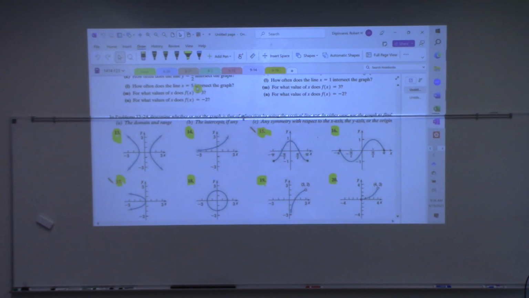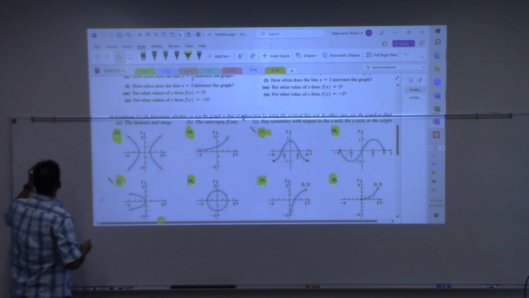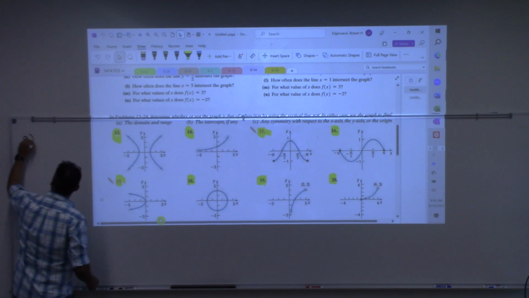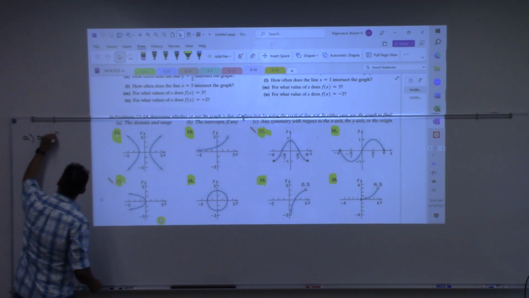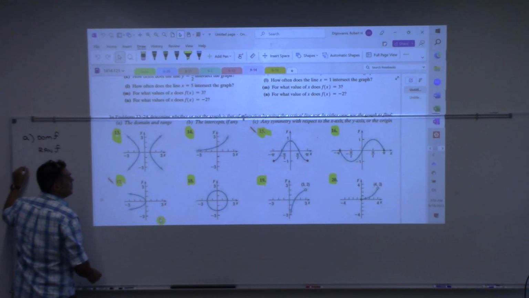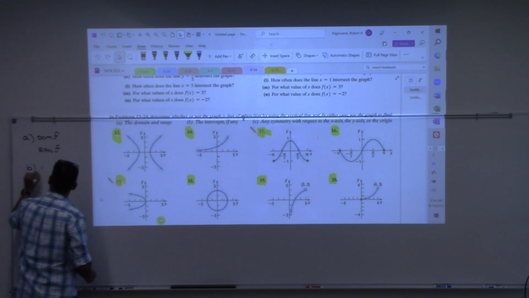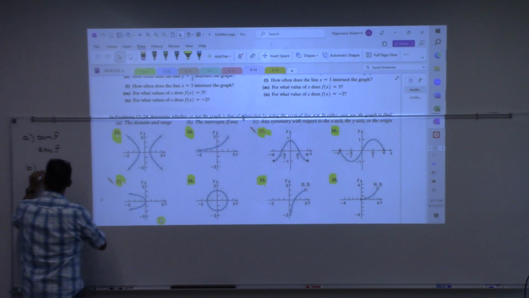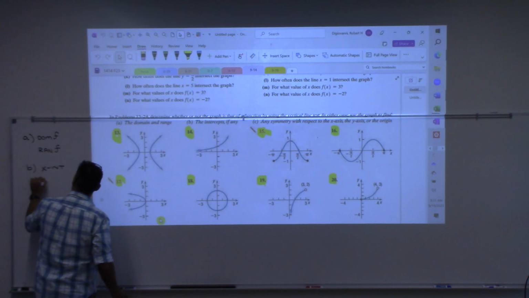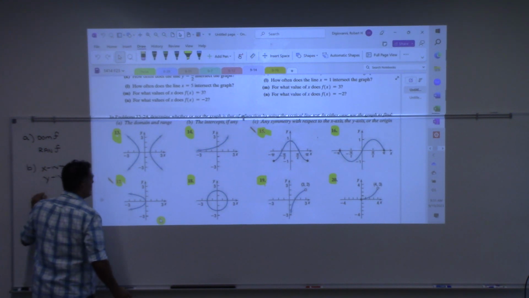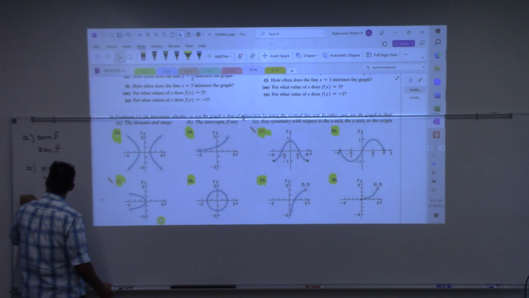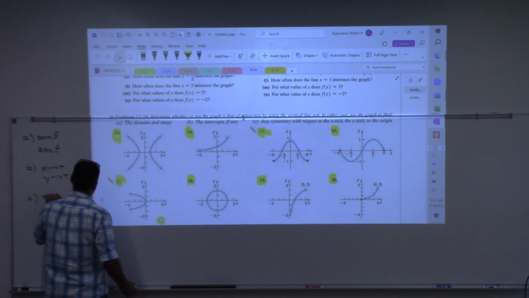So let me write this down on the side. For part A, we want the domain of the function and the range of the function. For part B, we want the intercepts, so I'll put here x-intercept, y-intercept. For part C, symmetry.